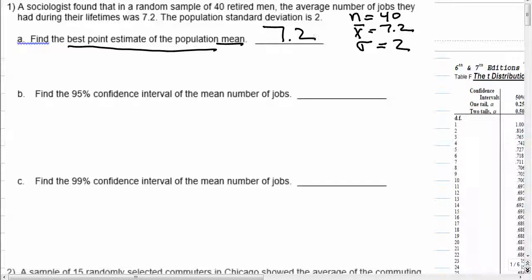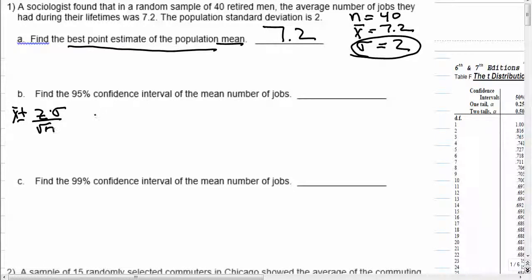Question B. We want a 95% confidence interval for the mean number of jobs. So we're looking for a confidence interval. Our confidence interval, look it up, is going to be x bar plus or minus z. Why are we using z? Because we know the population standard deviation, times sigma divided by the square root of n.